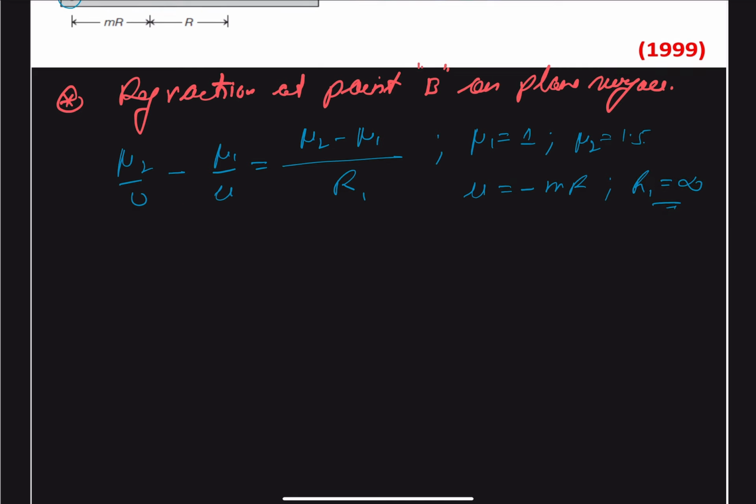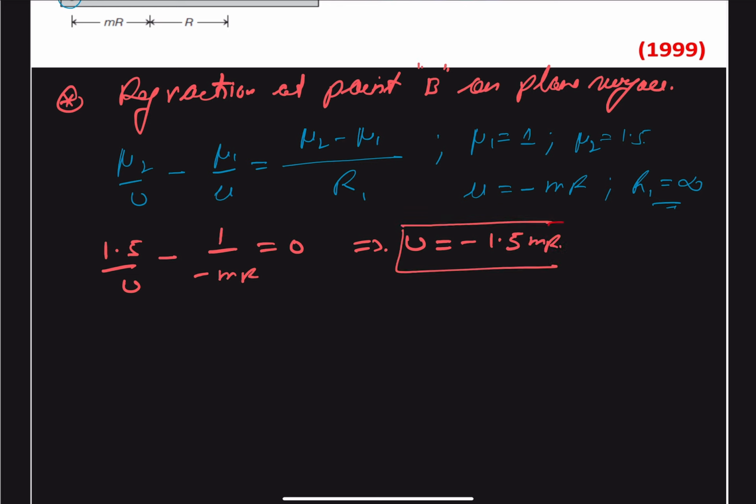So we can say 1.5 divided by V minus 1 upon minus mr is equal to 0, and this gives us that our V will be equal to minus 1.5 times mr. So we found out the position of the image, and the position of the image is on the same side as the position of the object because of the negative sign.